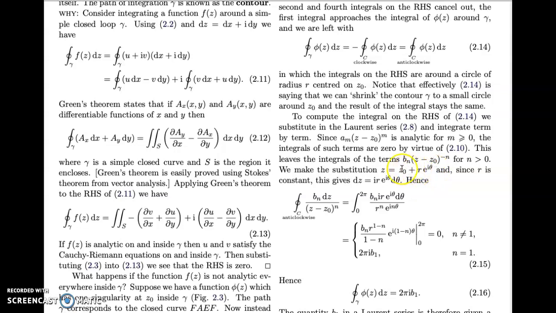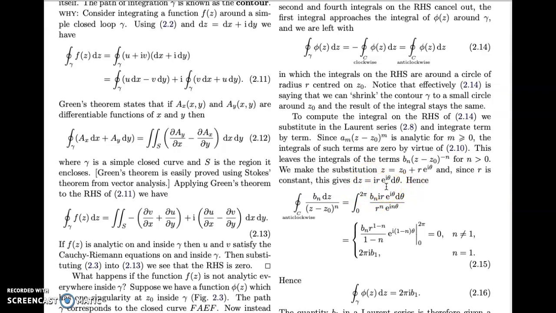So z equals z naught plus r times e to the i theta, and then differentiating, r is a constant, so we get dz equals r, that brings down an i, and we get e to the i theta times d theta. So that's what dz looks like.